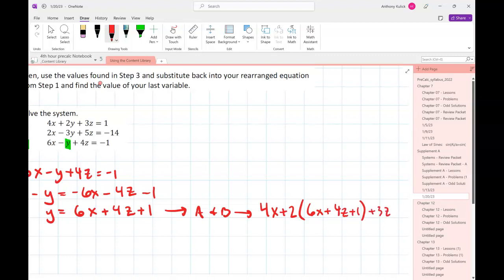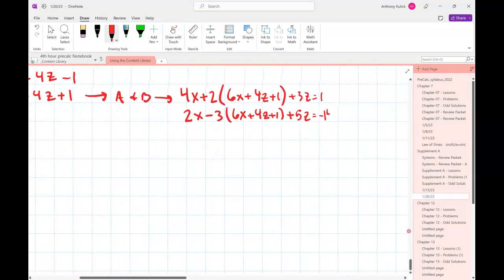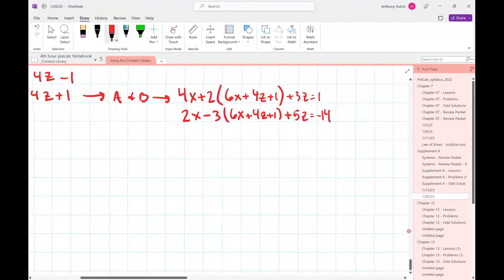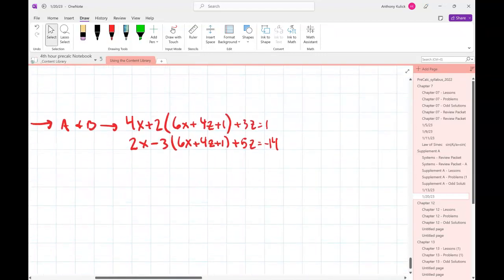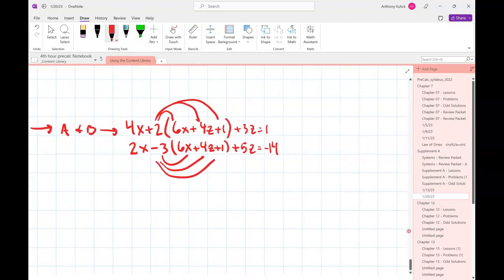I have plus 3z equals 1. And when I do it to B, I'm going to have 2x minus 3, and then instead of y, 6x plus 4z plus 1, plus 5z equals -14. Oh boy. Now I'm just going to simplify things down to get to a two-variable system. So I'm going to just distribute things through.